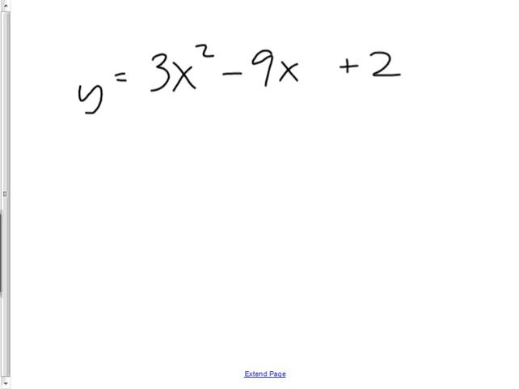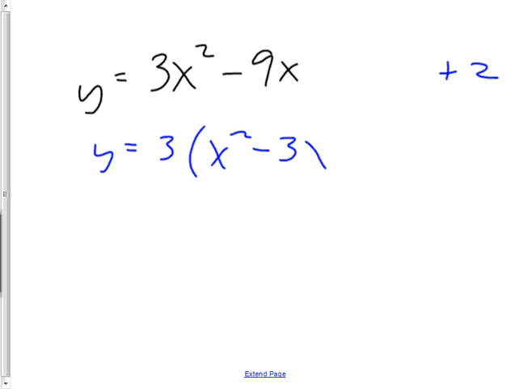But the first step's always the same. The plus 2 just moves way over, gives you room to work. Then you factor out the 3. And notice this way, with the plus 2 way over here, I'm not even going to think about factoring the 3 out of that, because you don't.